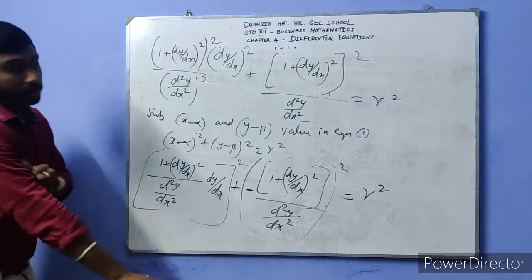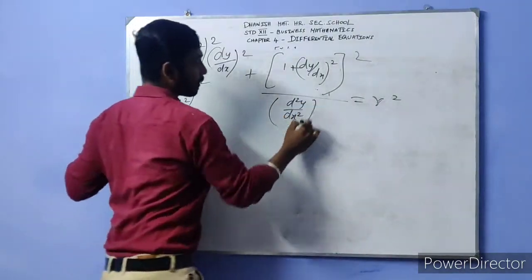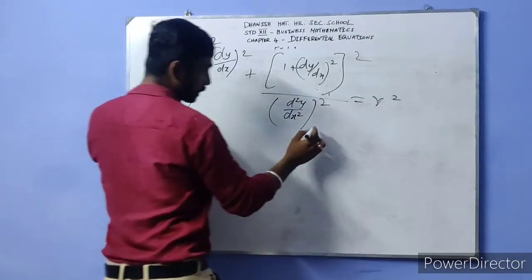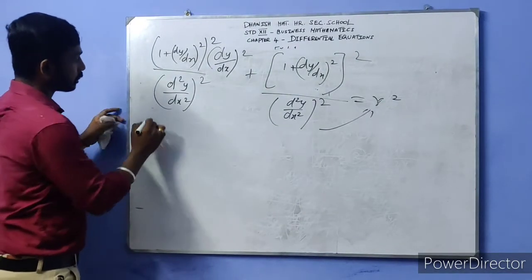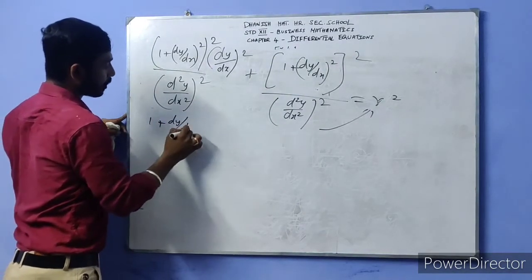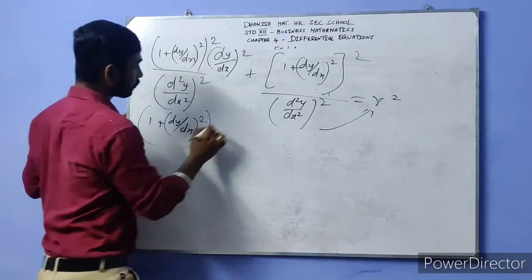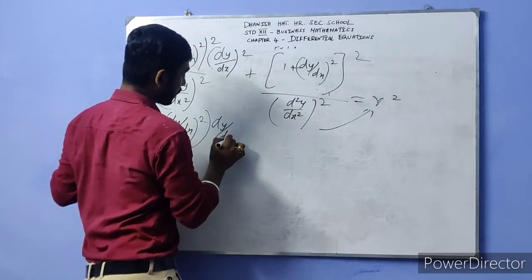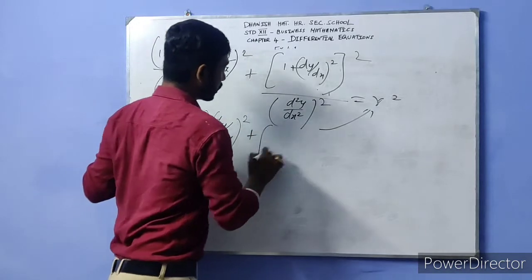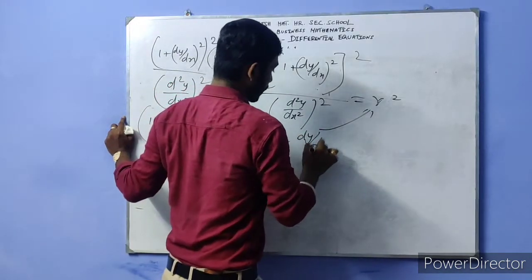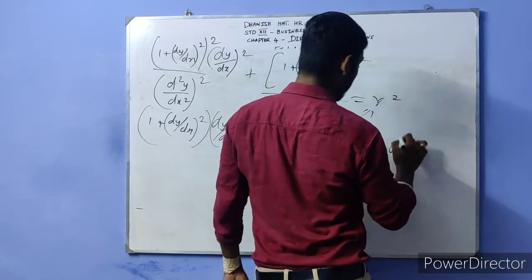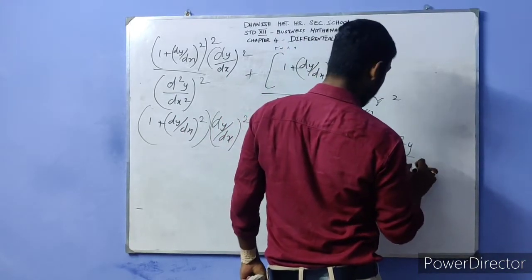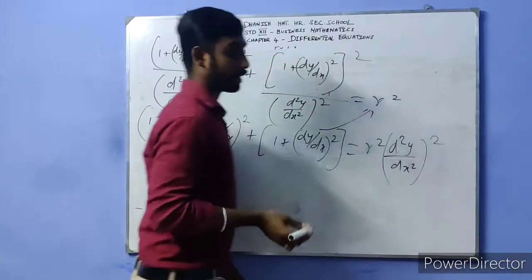Now we cancel the denominator and it goes to the other side. What remains is 1 plus dy divided by dx the whole square into dy divided by dx the whole square, plus 1 plus dy divided by dx the whole square, equal to r square into d square y divided by dx square the whole square.